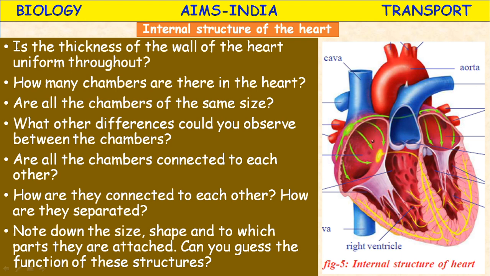Even in the two auricles, one is big and one is small. Even in the ventricles, one is big and one is small. What other differences could you observe between the chambers? Other differences are in receiving the blood also.